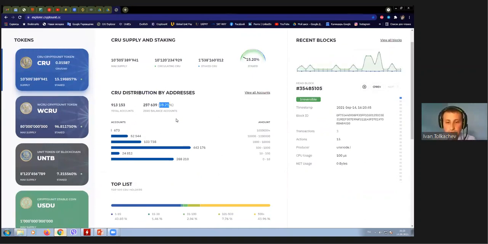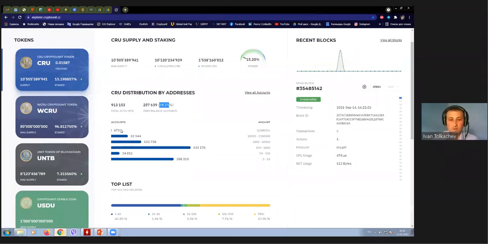This token was the first one to come up, and therefore a lot of people hold it. And there are these statistics about distribution in accounts.